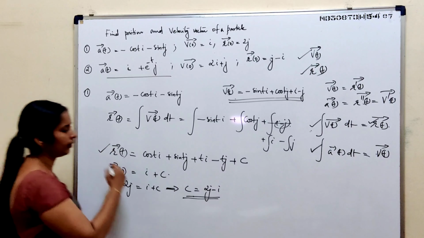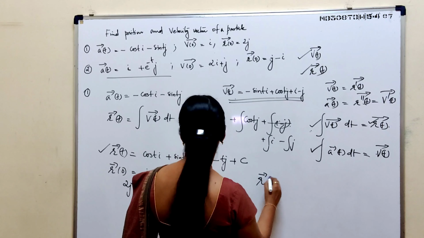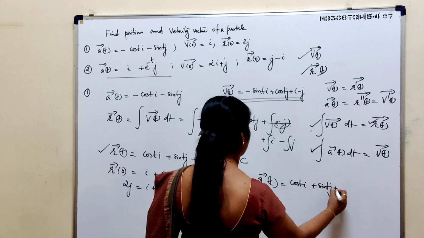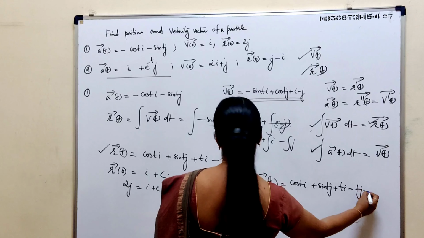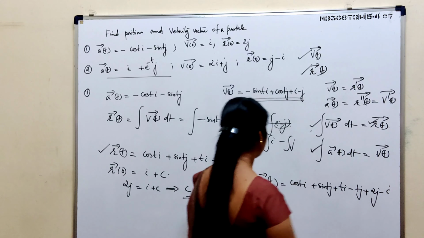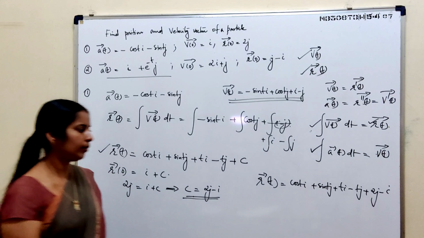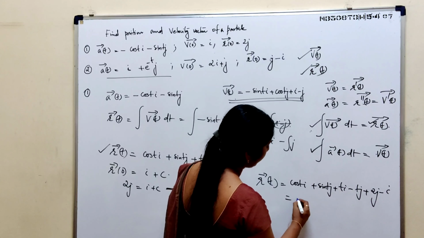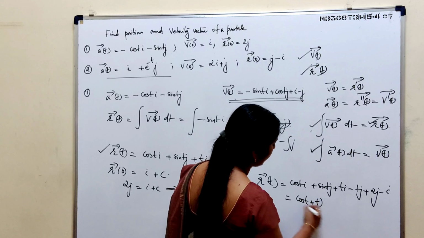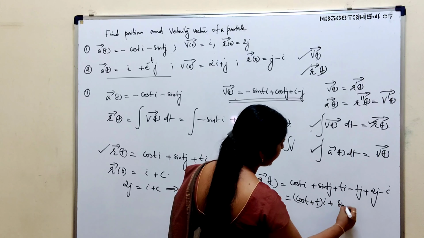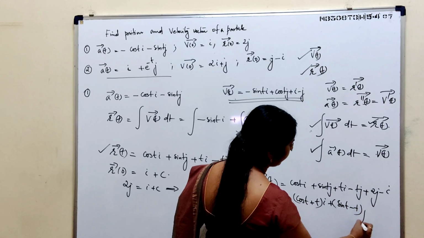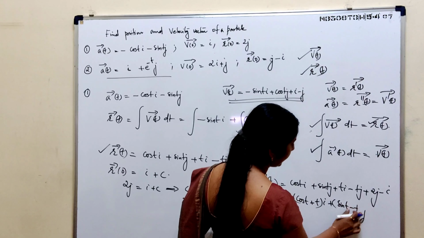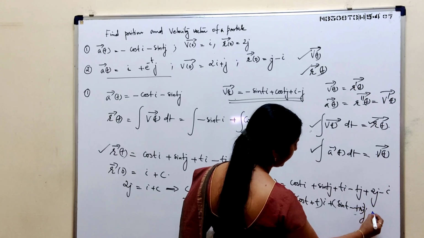So what is r(t)? r(t) is equal to cos t i plus sin t j plus t i minus t j plus 2j minus i. See, this is r(t). We can also express it by combining the coefficient of i, that is, cos t plus t minus 1 into i, plus j has terms sin t minus t plus 2 into j.